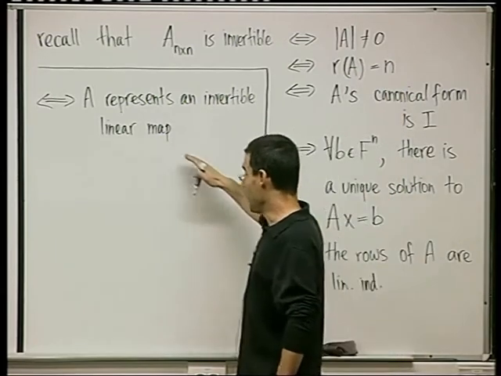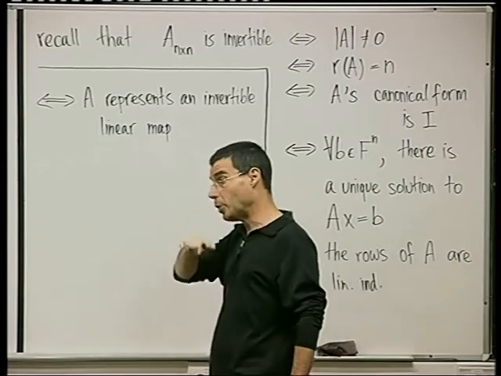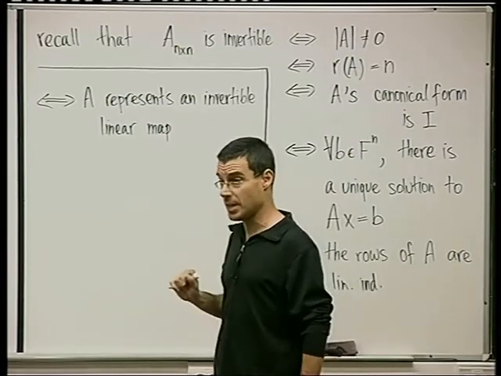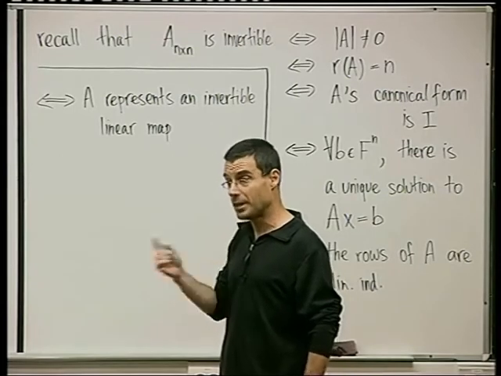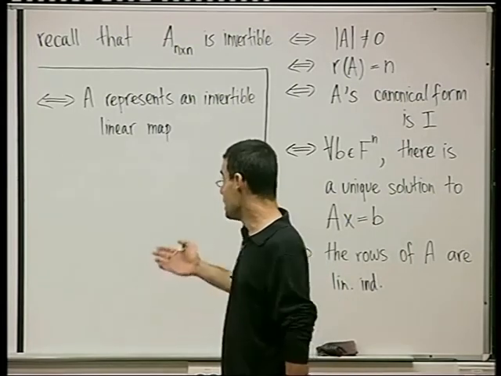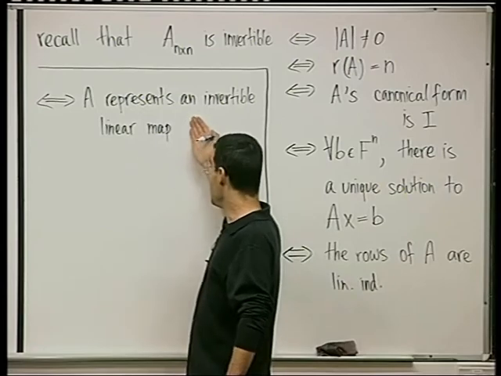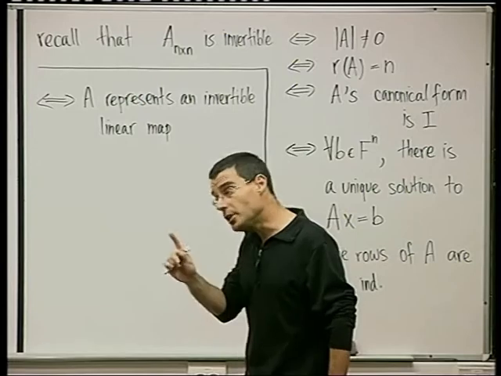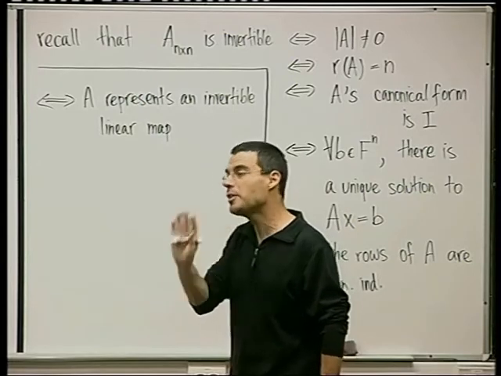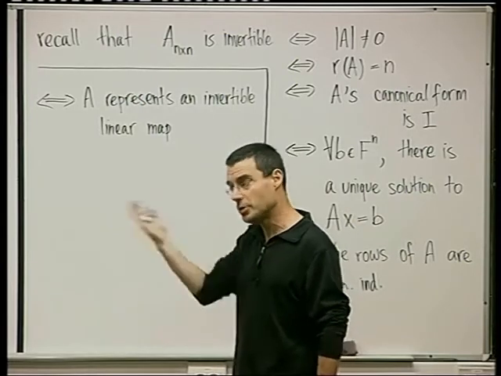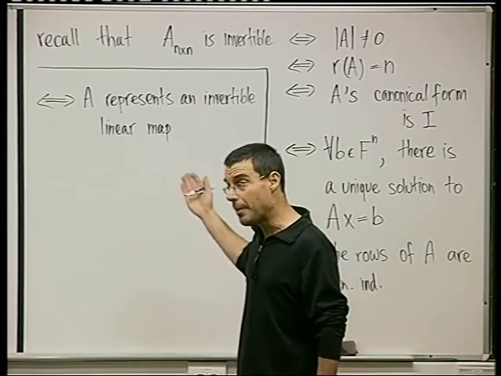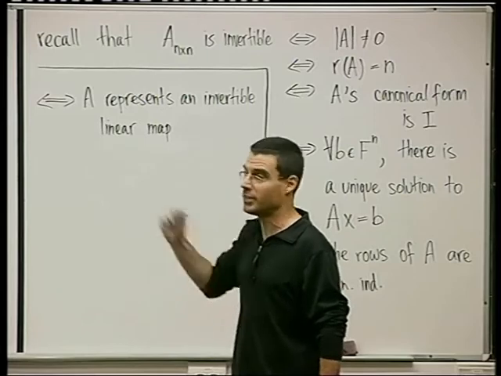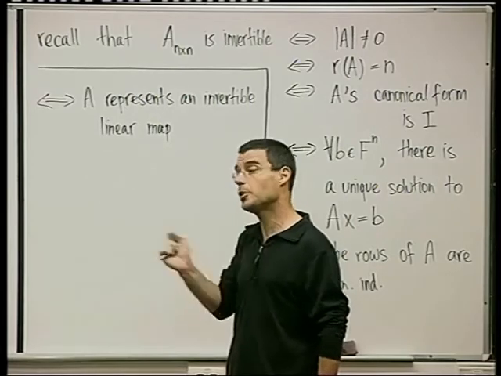For a linear operator where the domain and range are the same, in particular their dimensions are the same, being invertible is the same as being one-to-one, and onto. For every function, if it's one-to-one and onto, it's invertible. But if it's a linear map from V to V, then it suffices for it to be one-to-one, because it's one-to-one if and only if it's onto.